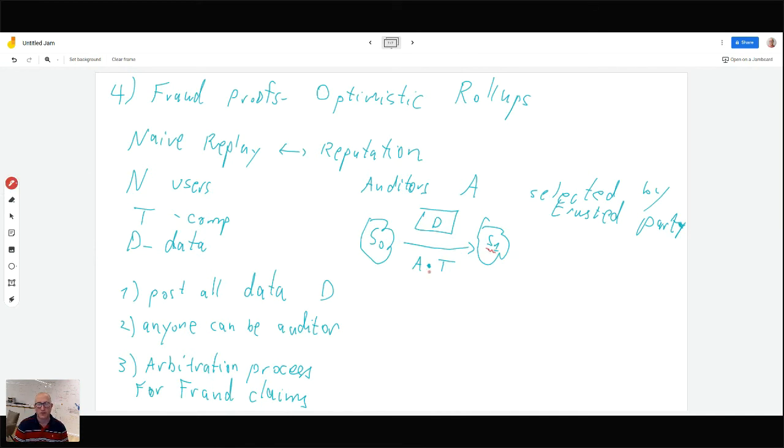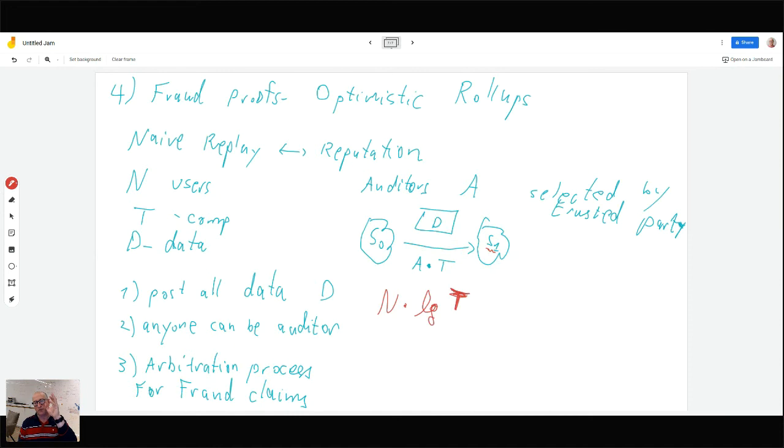So there's some problem here. Someone cries out, and now we have a process in which the rest of the users are going to serve as the jury. Each user is going to run a process that takes log T steps, in which the auditor that cries out that something is a problem and the entity that suggested moving to state S1 fight it out, and they do what's called binary search.